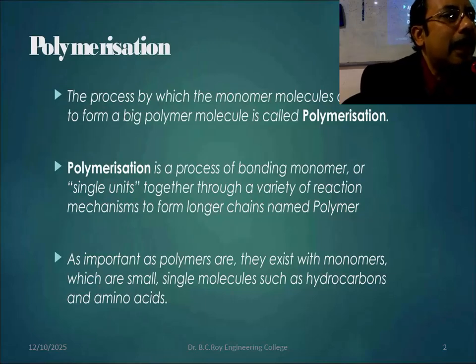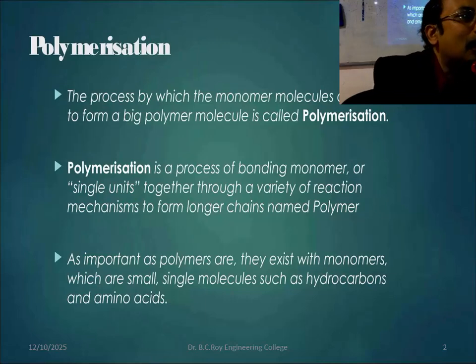So NBR, nitrile butadiene rubber polymer, is a bit flexible, it is tough also, and leaching is less. Leaching means chemicals coming out from the polymer into the water.